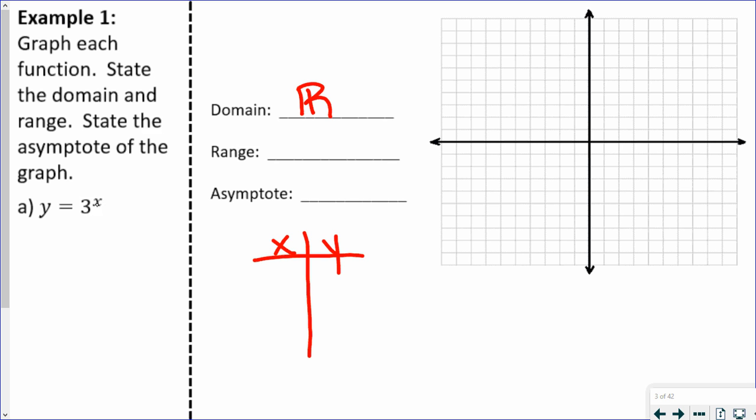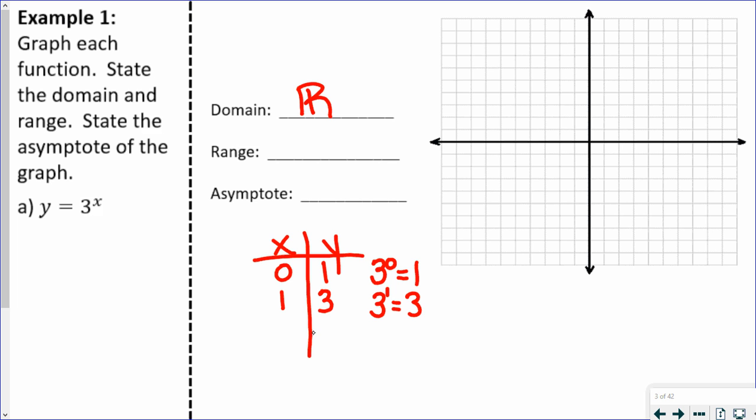I'm going to plug in easy numbers here: 0 for x, and 1 for x. Those are easy to evaluate. 3 to the 0 power is 1, because anything to the 0 power equals 1. Then I'll plug in 1 for the exponent. Well, 3 to the first power is just 3.